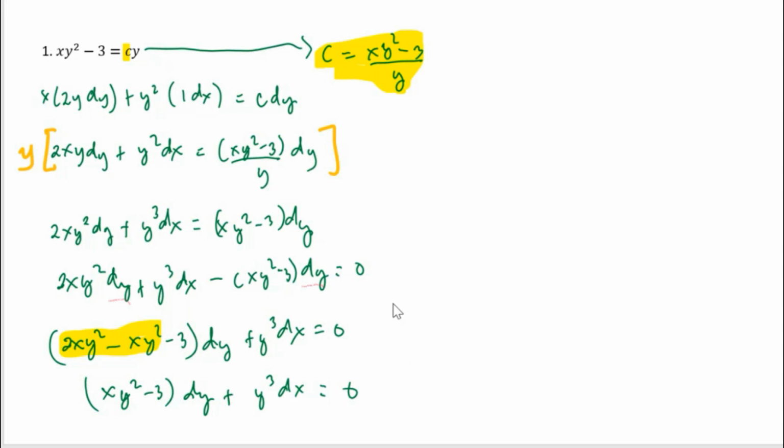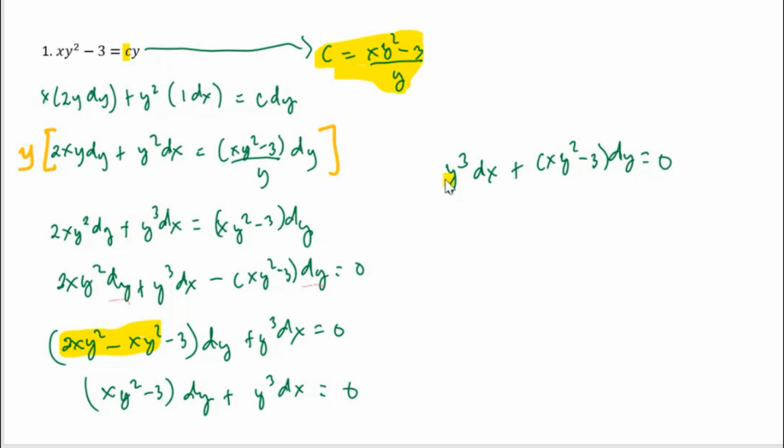Or we can write now our answer by rearranging this one and starting with dx. So we can write y cubed of dx plus the quantity xy squared minus 3 of dy is equal to 0.